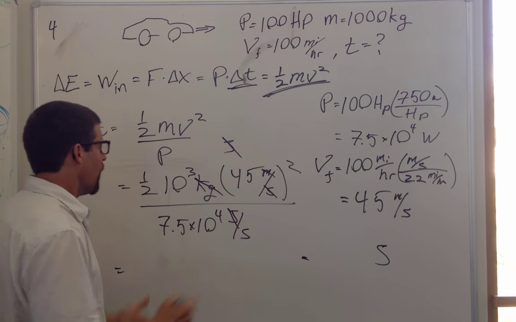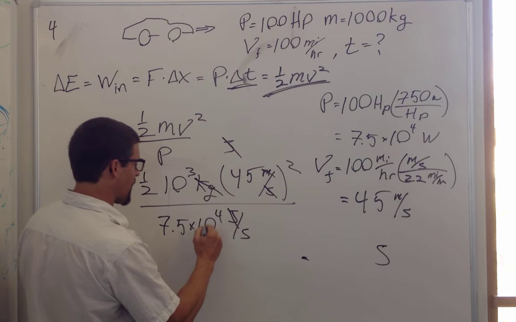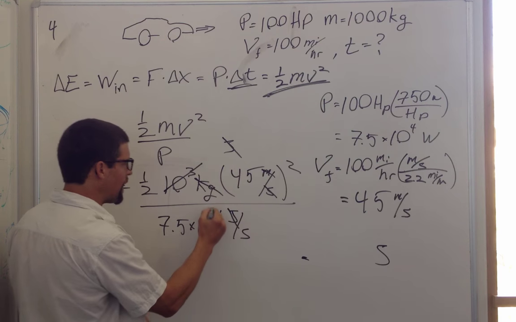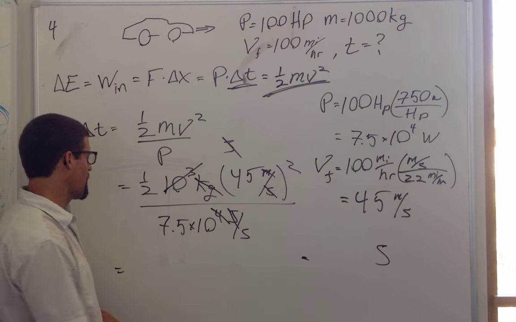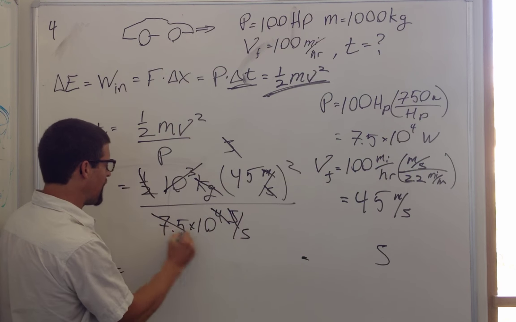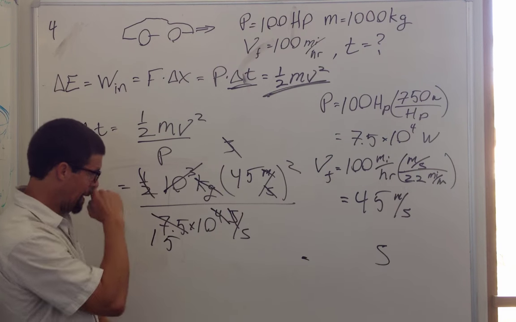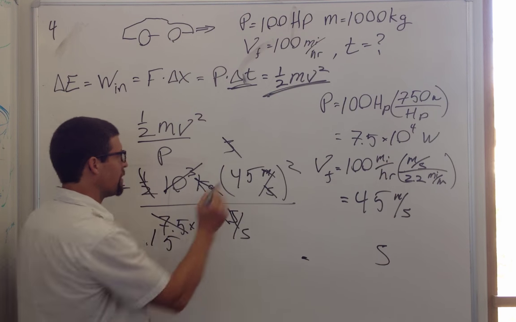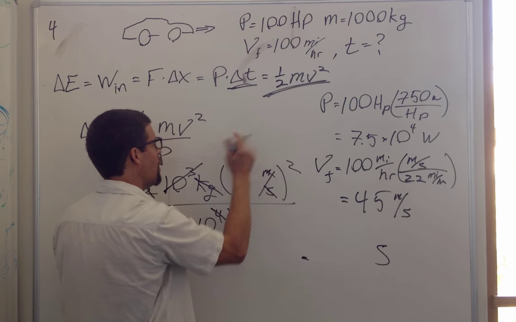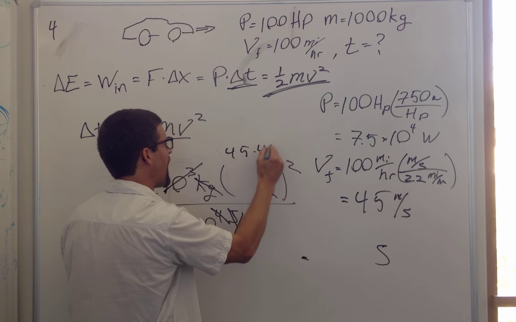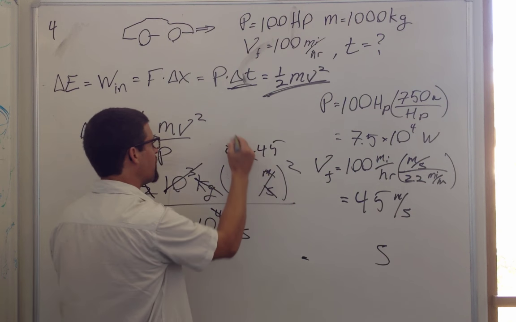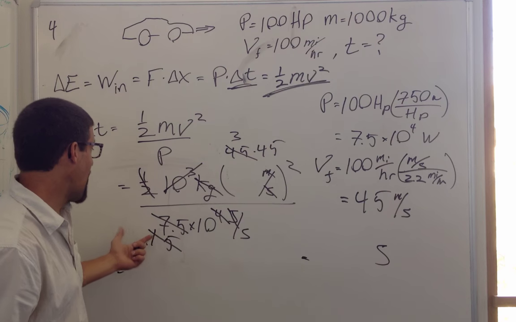Now the number. Let's take a look at our exponents. This is 10 to the 3rd, and that cancels 3 of those 4. The 1/2, we can bring this down, and that gives me a 15 here. And then I've got two 45s, so I can write this as 45 times 45. This cancels one of them, yielding a 3. And so I have an answer.